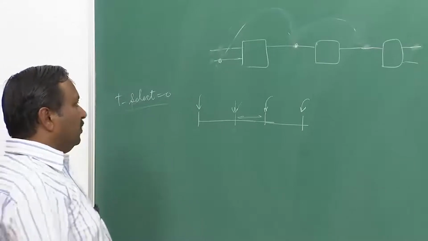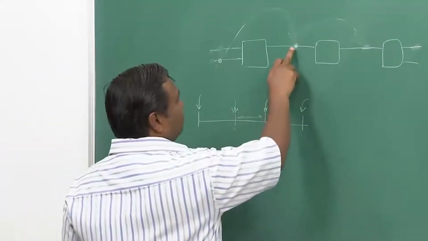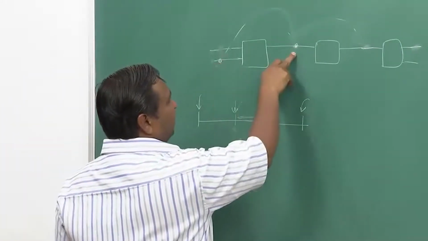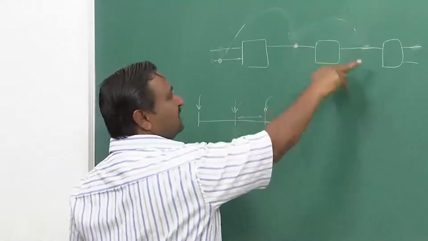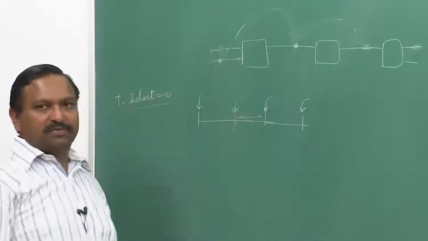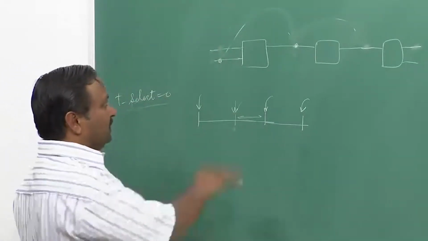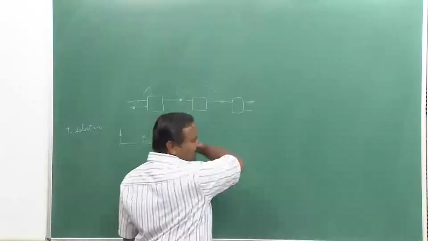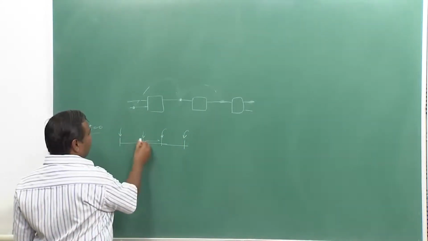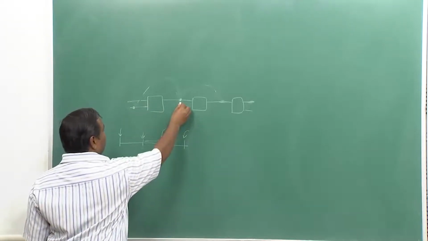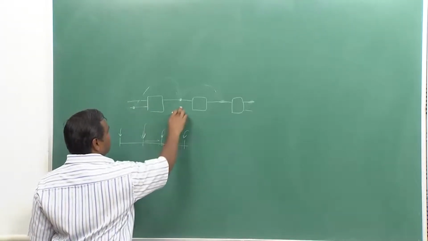Now, unless this slot is empty, you cannot write this packet here, because in the earlier case when T pass was 0, this packet was instantaneously emptied and the next packet could be pushed in. So, all packets actually do the jump and there is a cascade effect which cannot happen in this case. So, it will take one full slot for the packet to transmit here. By the end of this, this is the situation.